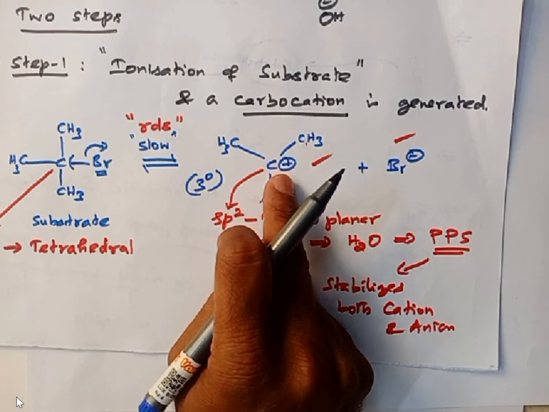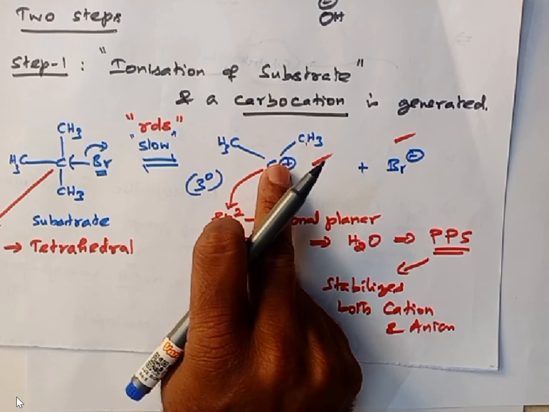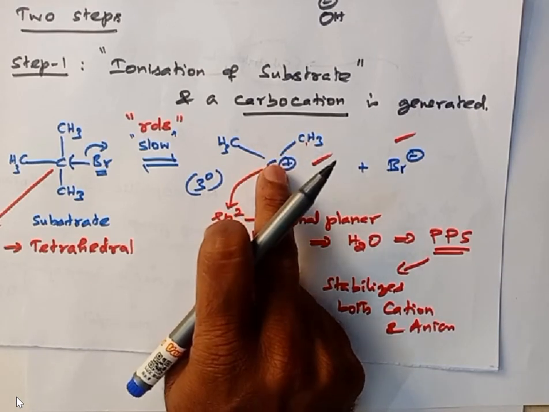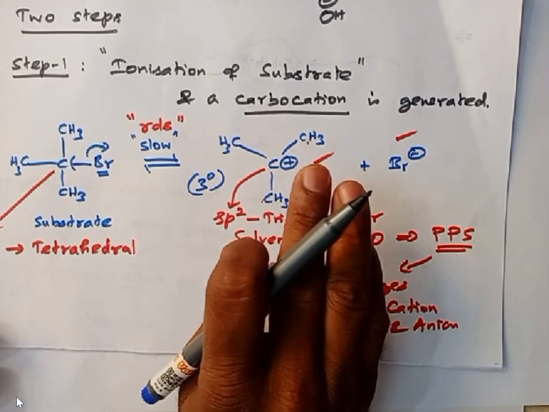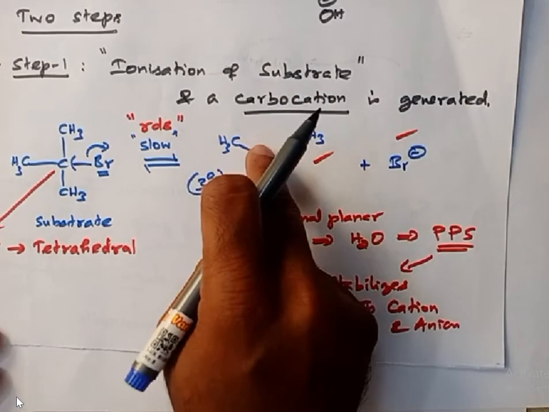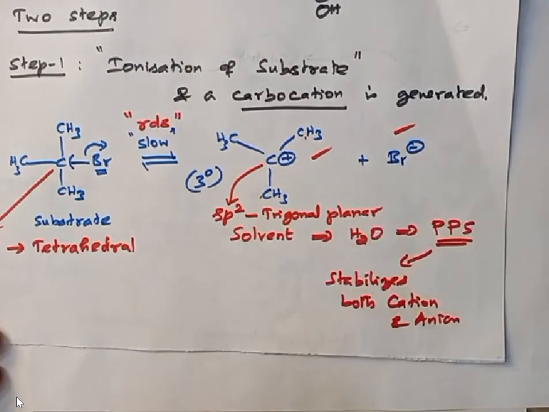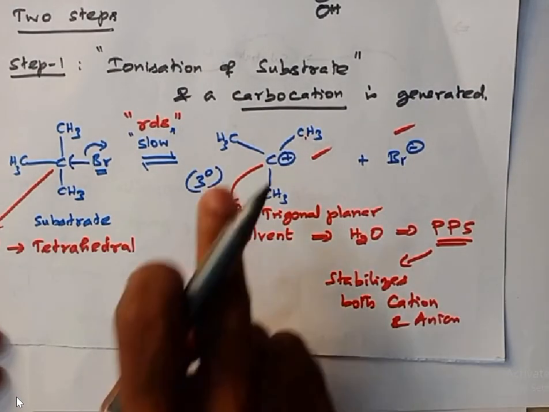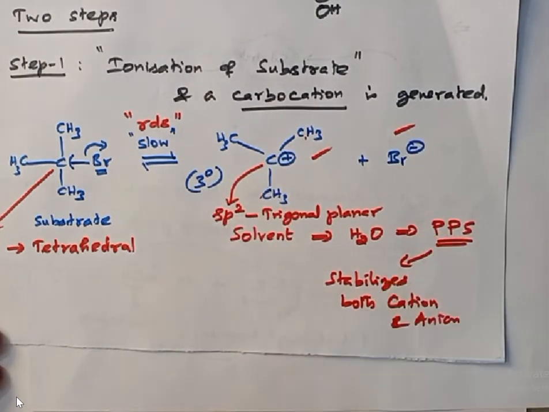Therefore, to increase carbocation concentration, we should somehow stabilize the carbocation and we should stabilize the anion. If you want to stabilize both these ions, then the preferred solvent is polar protic solvent.